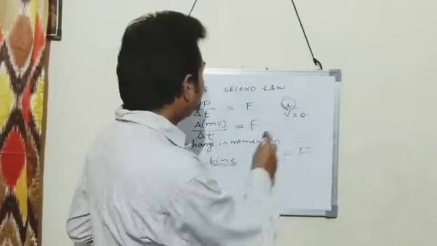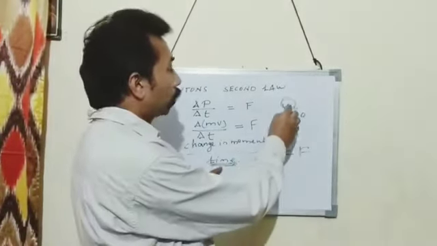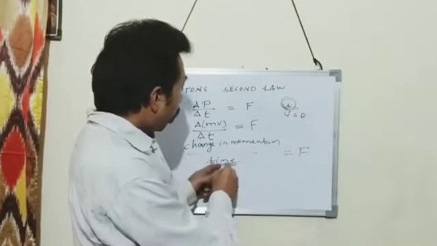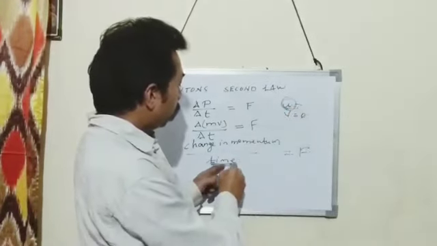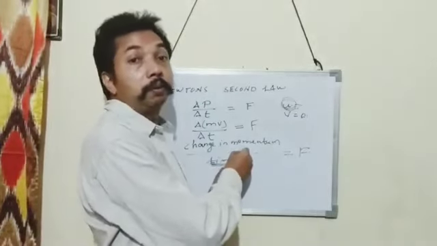So the time interval will be less. The final velocity becomes 0 all of a sudden, so the time taken for the body to come to the state of rest will be less. If the time is less, then force will be more.